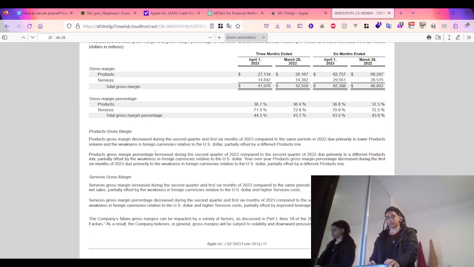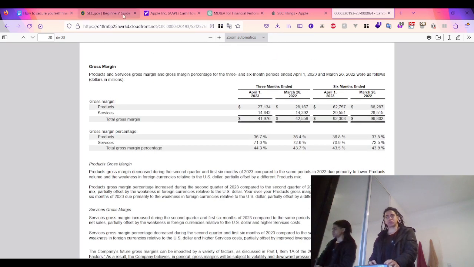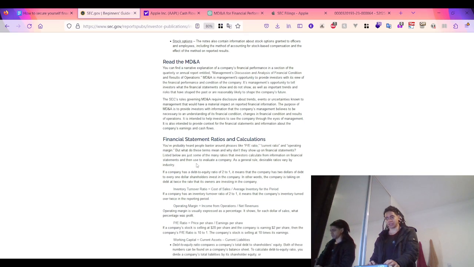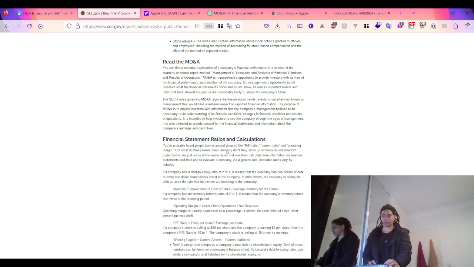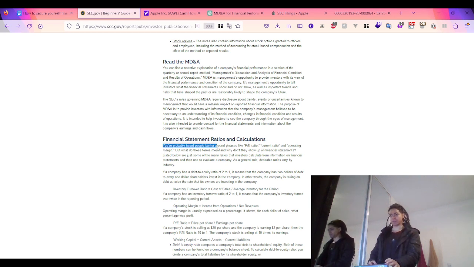Gross margin. Okay, so now this is where things like financial statement ratios and calculations come in. You have probably heard people bandy around phrases like P/E ratio, current ratio, and operating margin.